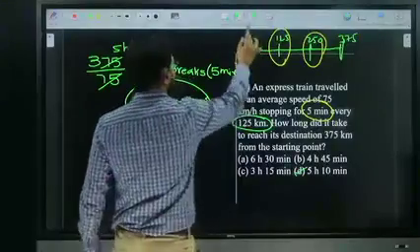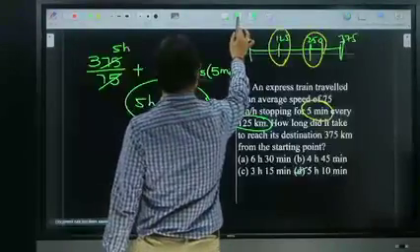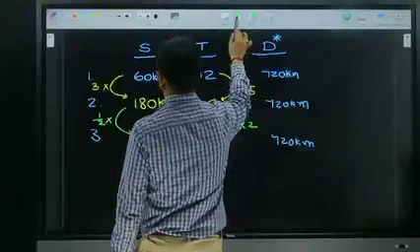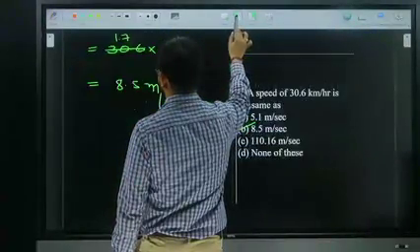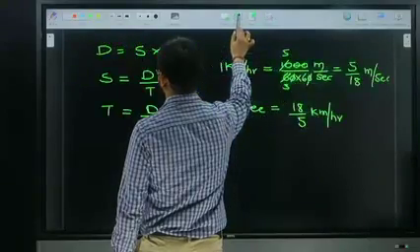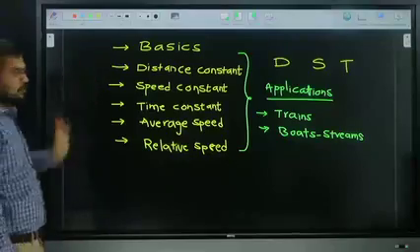So in the next class we will see the remaining level 2. So just observe. Here this is the time and distance chapter.